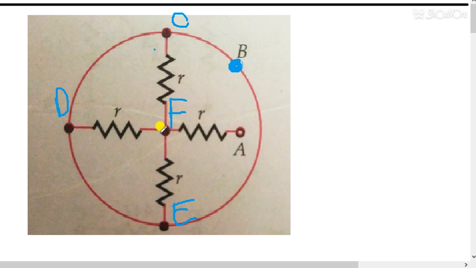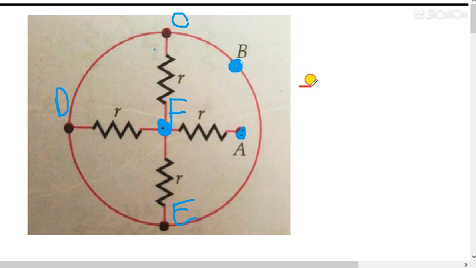Students, you have to understand that the voltage at point A is different from the voltage at point F, because there is a resistance between them. So I am now drawing its equivalent circuit.